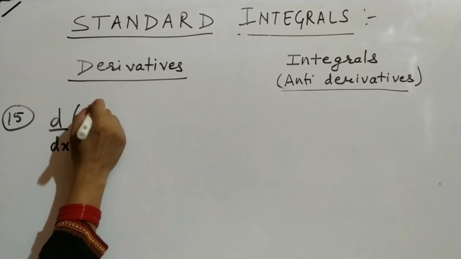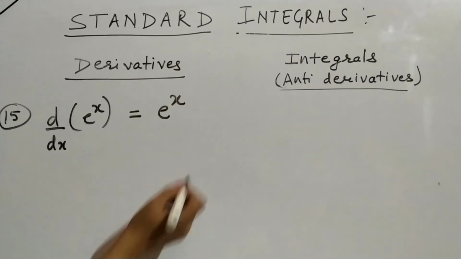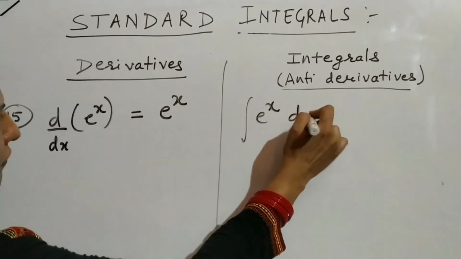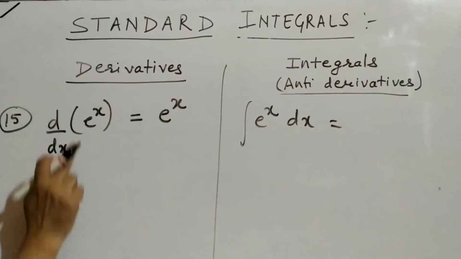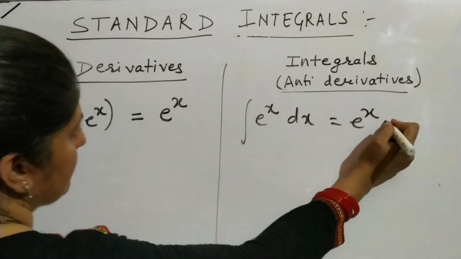Derivative of e to the power x is equal to e to the power x. Therefore, the integral of e to the power x is also equal to e to the power x plus c.